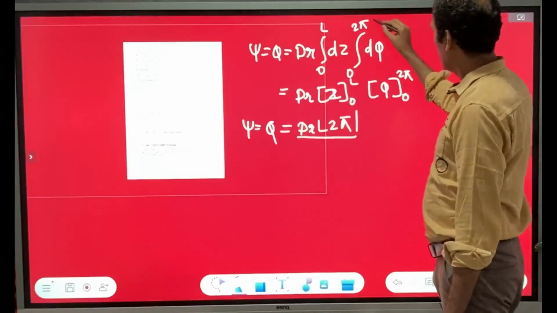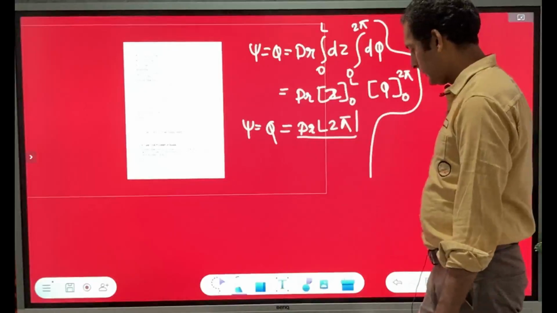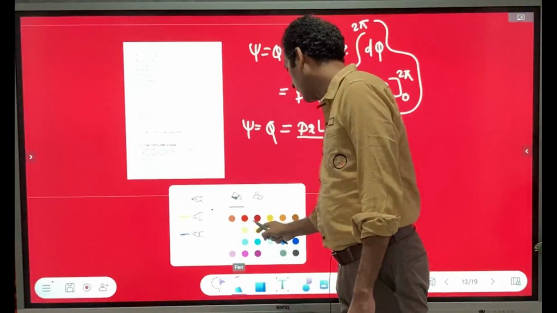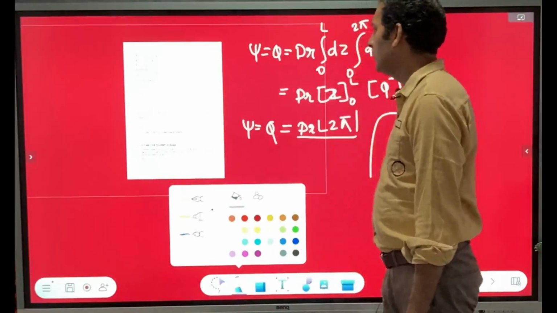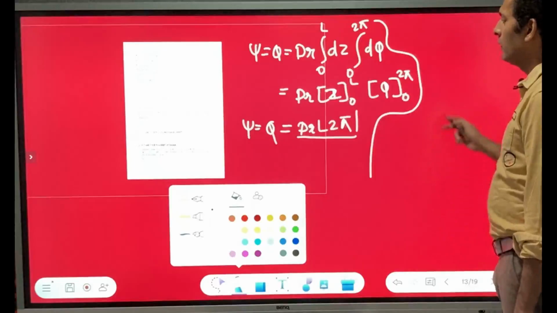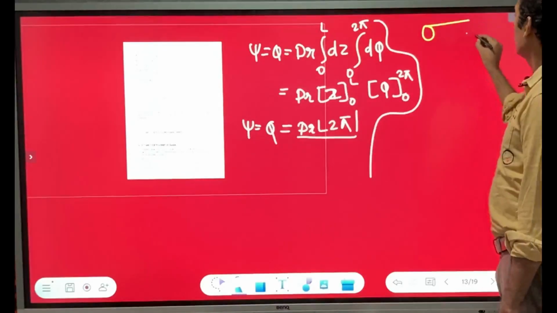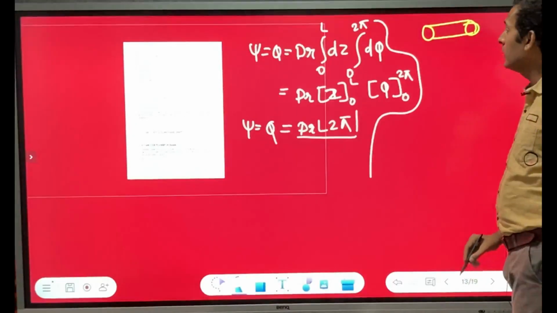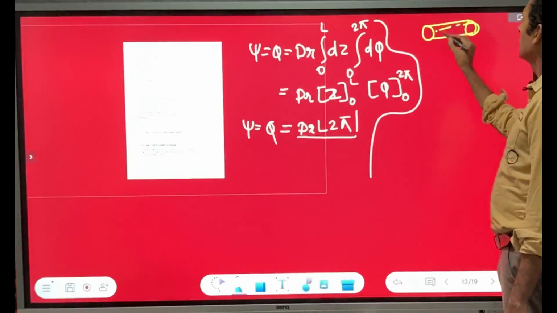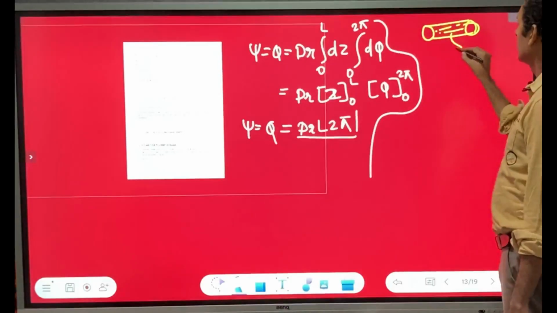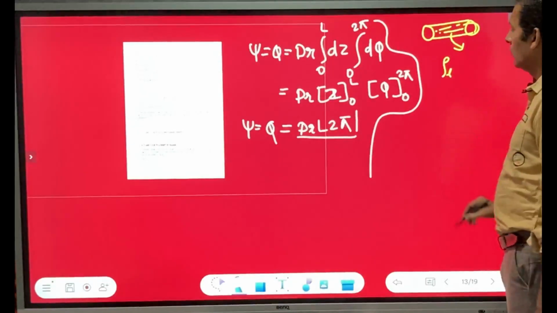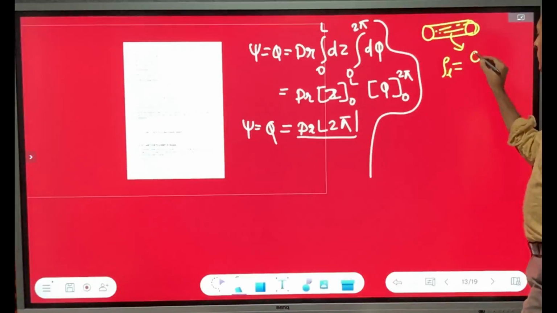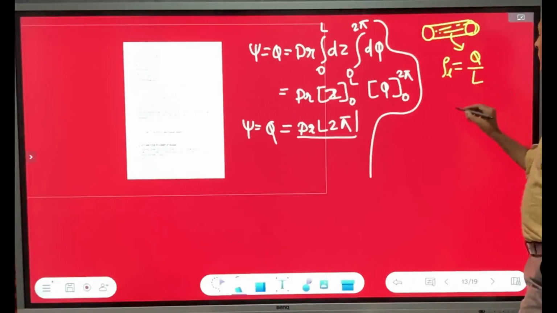Now one more thing we have to connect with this, another kind of density, that is charge density. We have to see the expression for this. Now our case is of a cylindrical surface. For a cylindrical surface, there is line charge density rho L. Now this line charge density is given by charge per length.